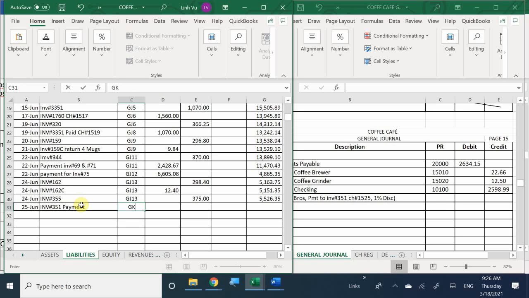General journal number 14, oh, 15. And we're going to reduce it by the 2,634.15. Okay. So what's my new ending balance in my accounts payable? $2,892.20. Go ahead.